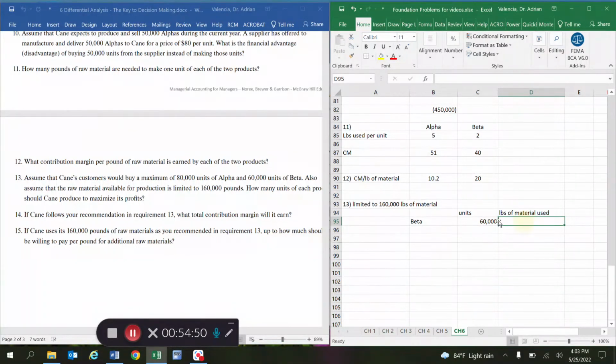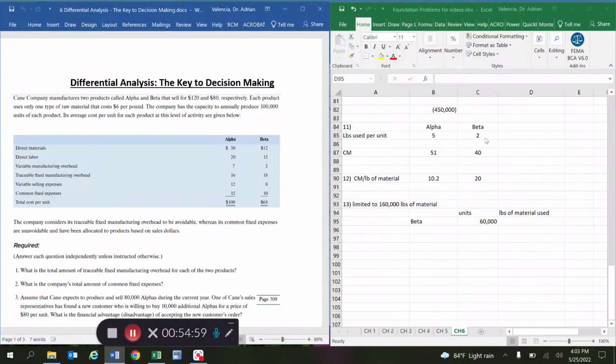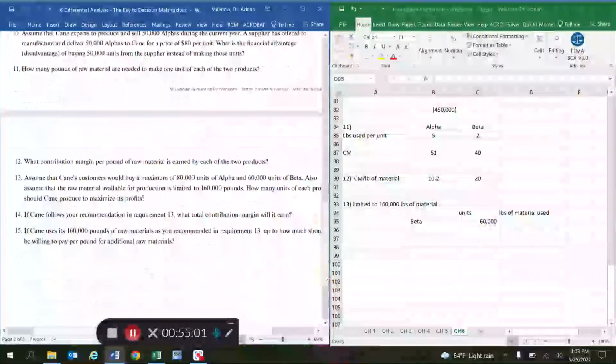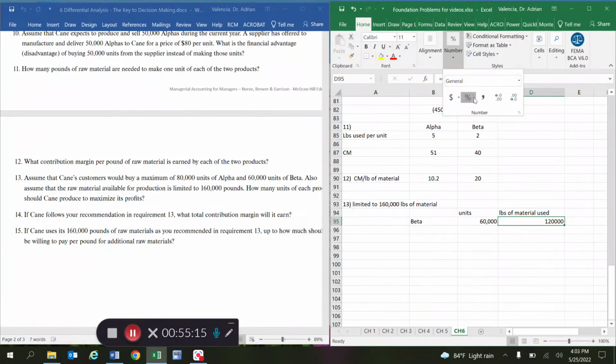So if I'm making 60,000 units, and I know that each unit of beta takes 2 pounds, then once I do these 60,000 units, I will have used 120,000 of the 160,000 pounds that I have.